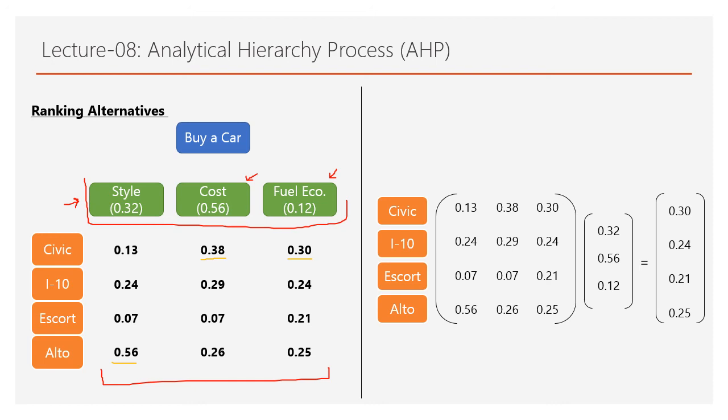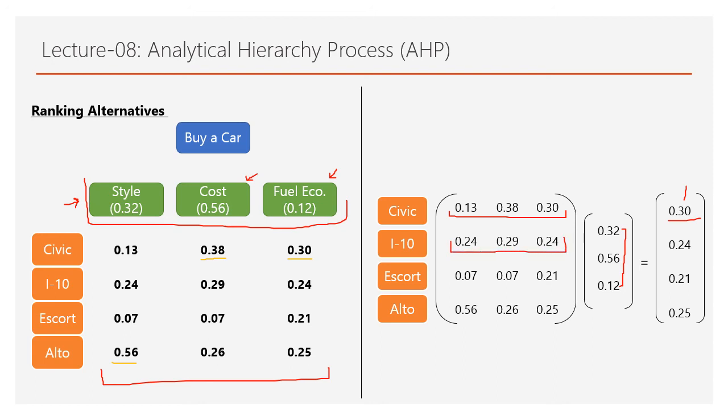The way we do that, again, we multiply each row by the column. So first row by the entire column: 0.13 times 0.32 plus 0.38 times 0.56 plus 0.3 times 0.12 to get 0.3.